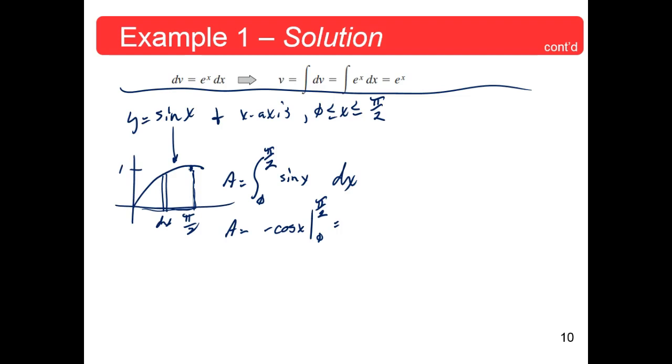The second part, when x is equal to 0, what's cosine of 0? 1, so you have a minus 1. So that has an area of 1. Okay, done.